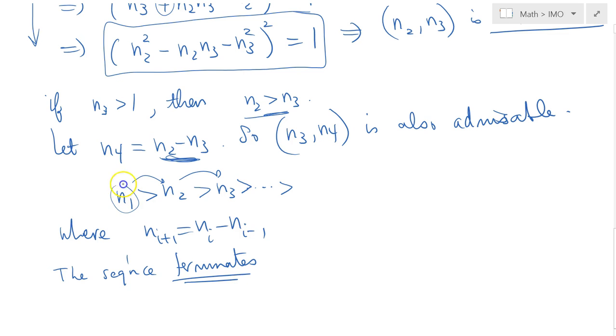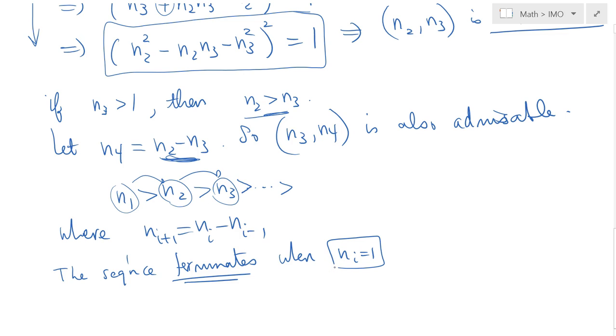Because we have a decreasing sequence of positive integers. We know that would have to eventually terminate, and this terminates exactly when n sub i is equal to 1.